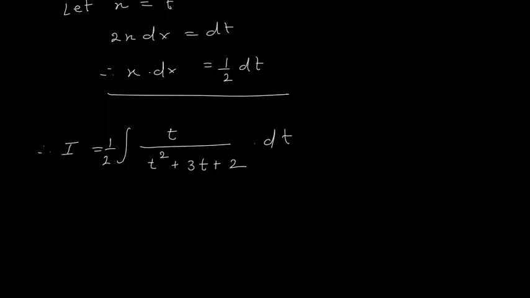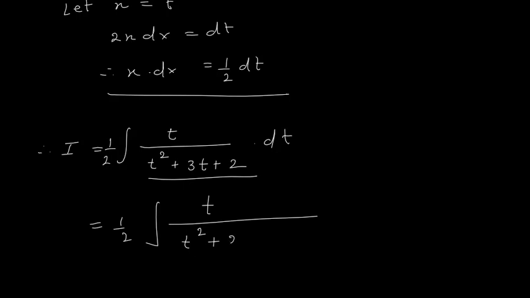Apart from that, you can check whether you can factorize this denominator. If you see this t square plus 3t plus 2, we can use the splitting of the middle term and write this as t square plus 2t plus t plus 2 into dt.